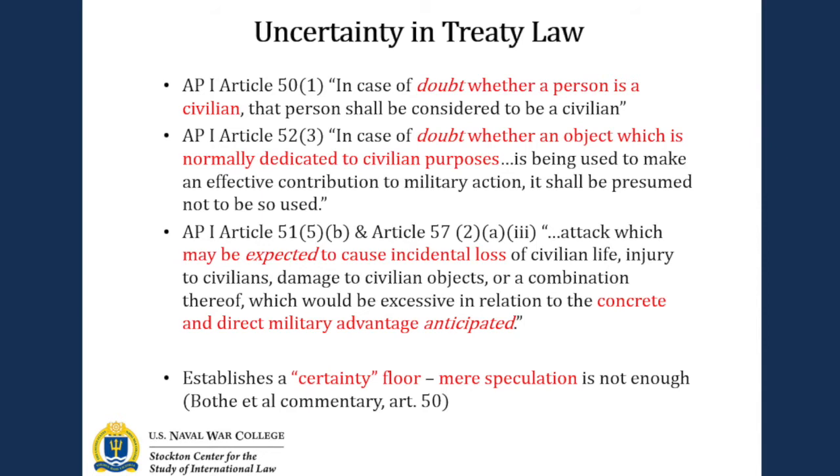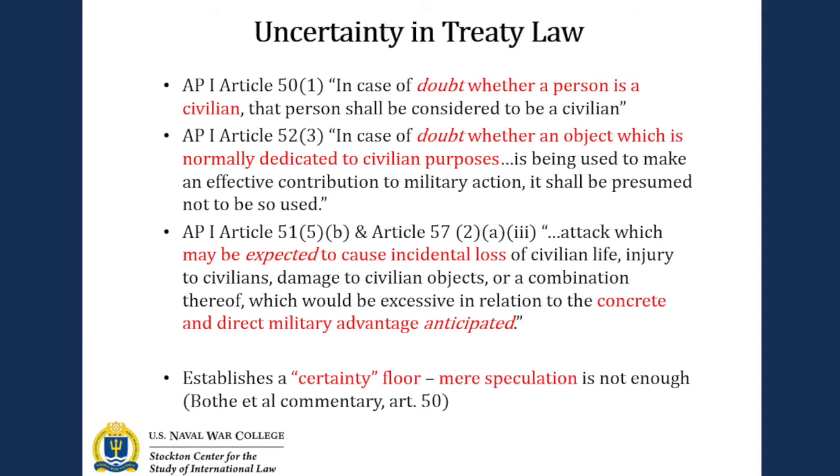It says, if you're in doubt about whether an individual is a civilian or not, then you must presume that individual is a civilian. Very simple. And then in Article 52, if you're in doubt about whether an object that's normally used for civilian purposes, like a home, like a school, like a store, is or is not a civilian object, then you presume it is a civilian object.